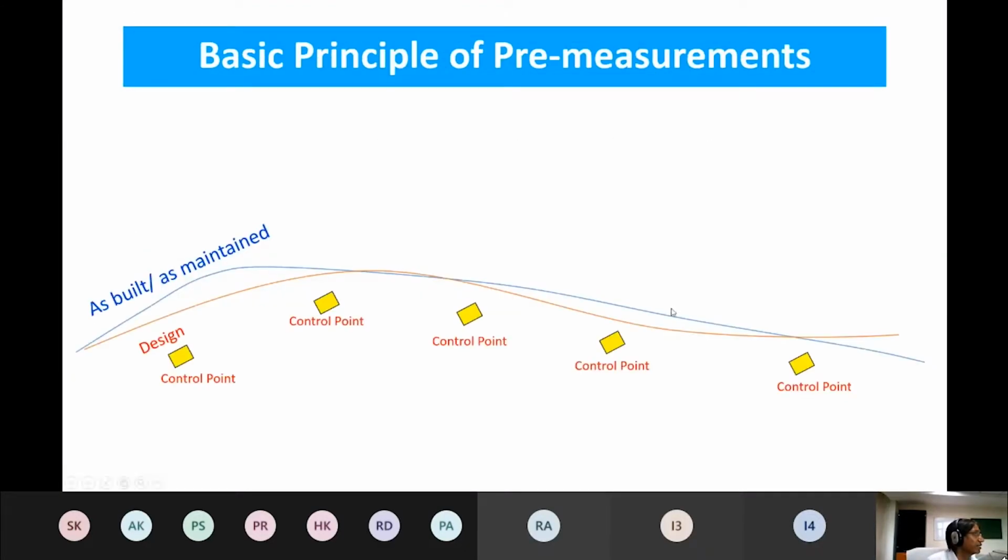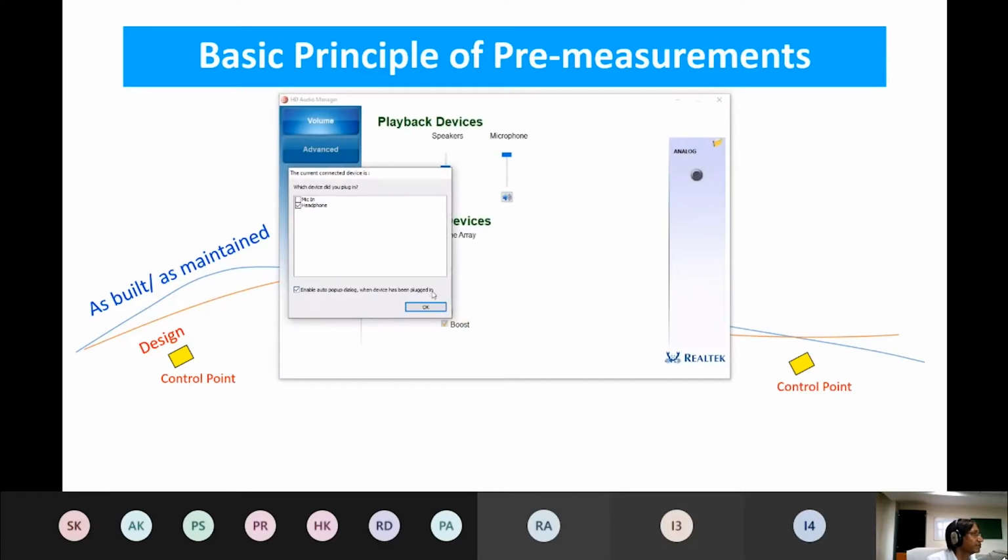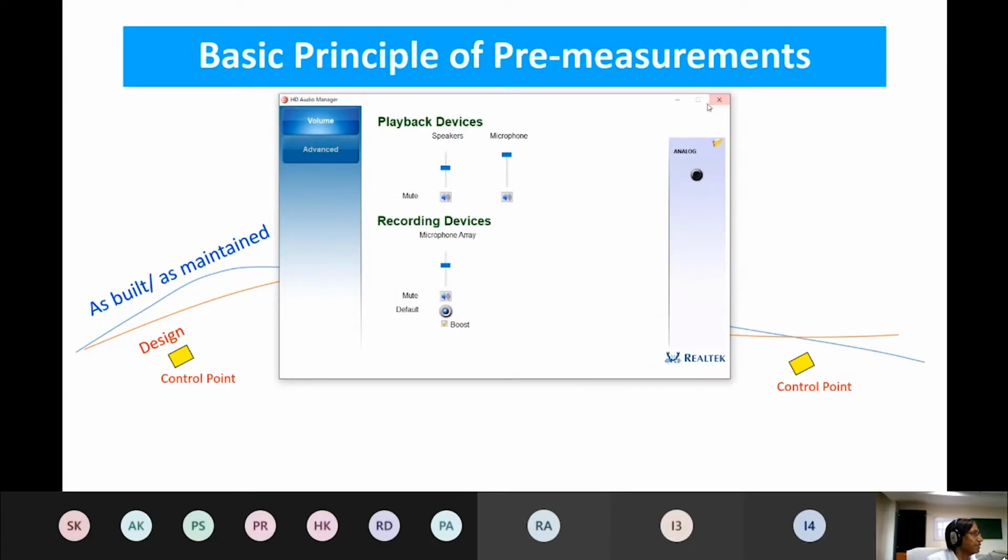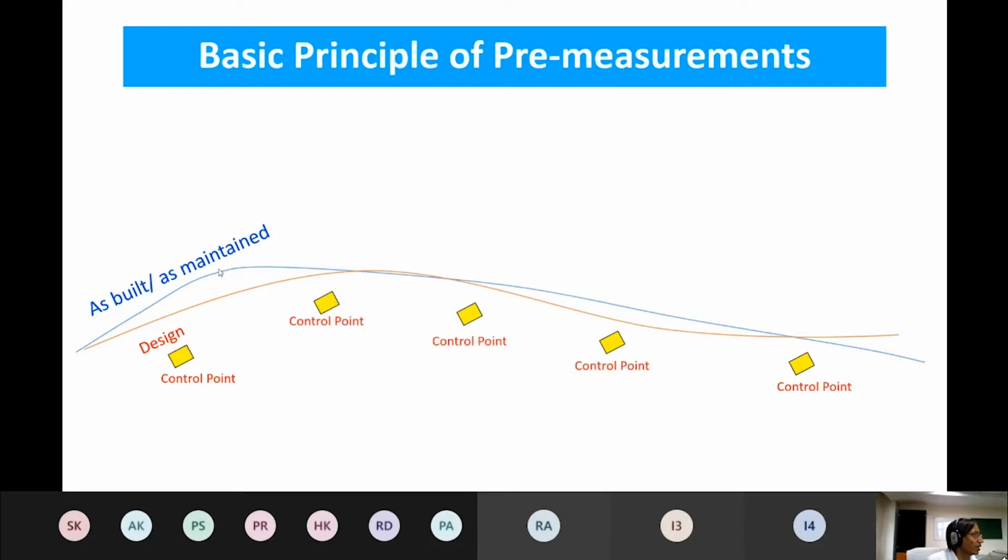Then what is required is, say the blue line is the existing alignment or as-built or as-maintained alignment, and the red line is the designed alignment.